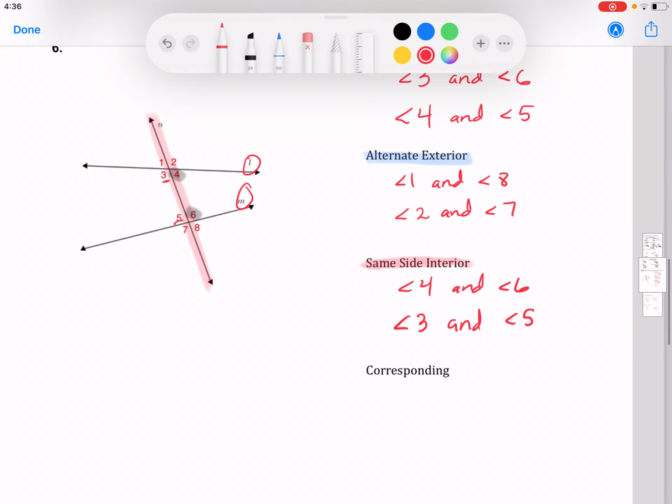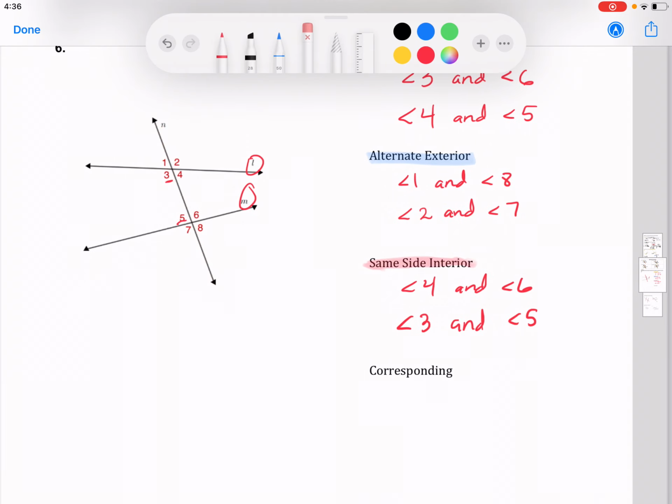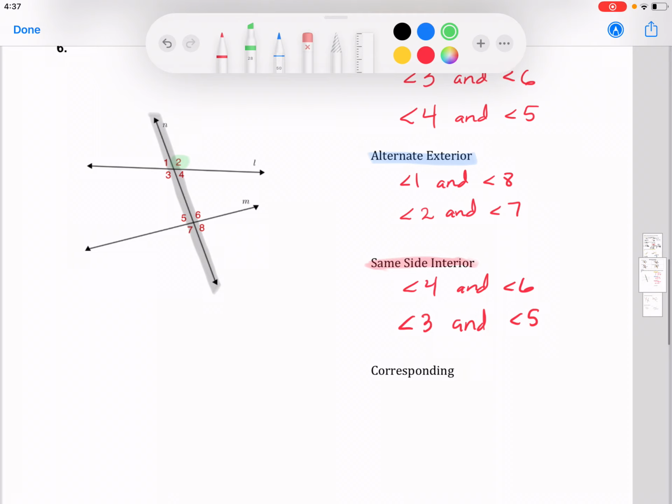Okay, corresponding, let me erase that, and once again, here's our transversal. Corresponding angles will be on the same side of the transversal, but one will be on the outside of the double lines, and the other one will be on the inside. So angle 2 and angle 6 are an example, but then so is 1 and 5.